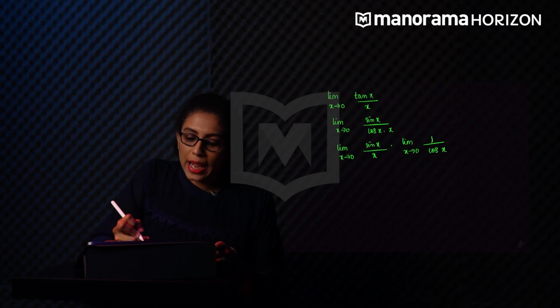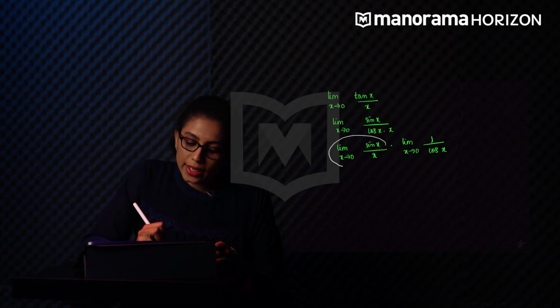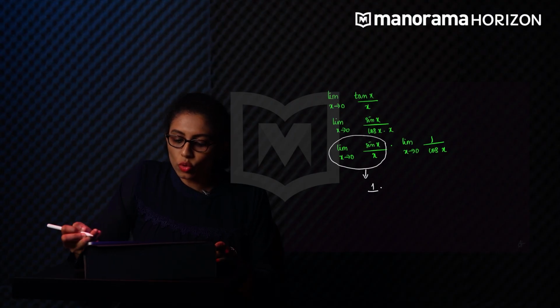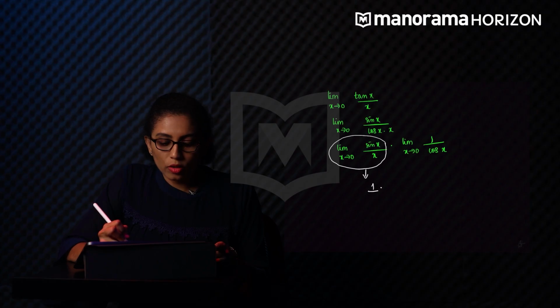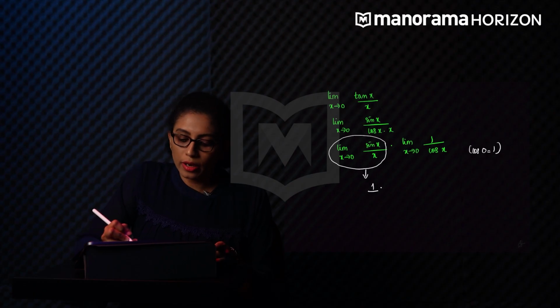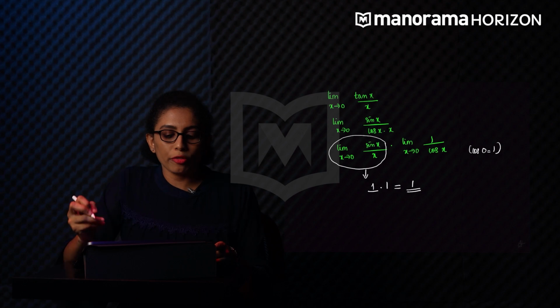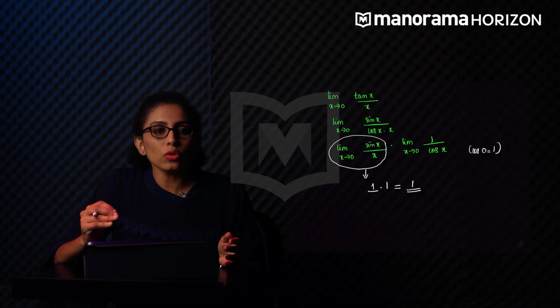Now what is limit x tends to 0 sin x by x? It is 1. The value is 1 into limit x tends to 0 1 by cos x. Cos 0 is 1. We know cos 0 is equal to 1. So 1 by 1, the value is 1. Therefore limit x tends to 0 tan x by x is also equal to 1.